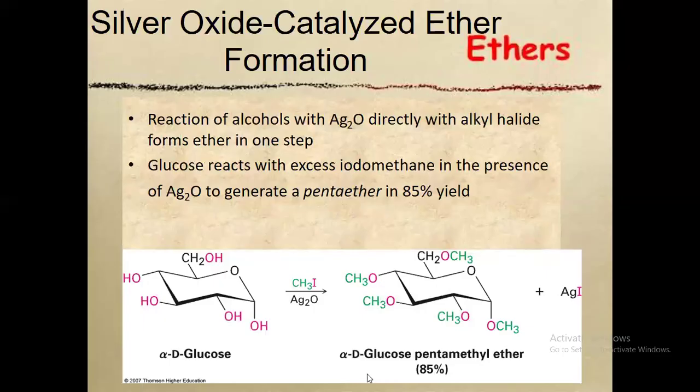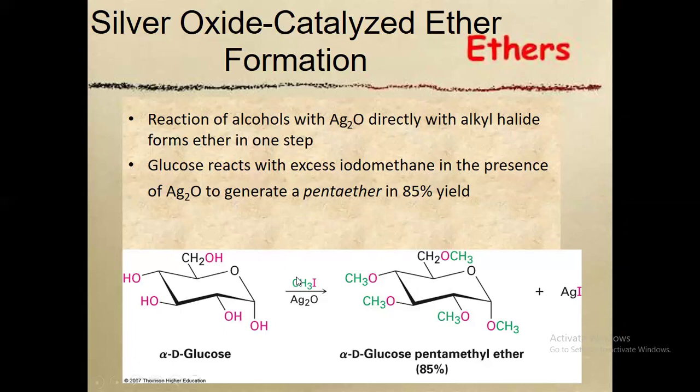Just like you can use sodium hydride and the alkyl halide, you can also use silver oxide with alkyl halide. It will do the same thing. It can replace the hydrogens of the oxygen group, and then you react it with the alkyl halide.